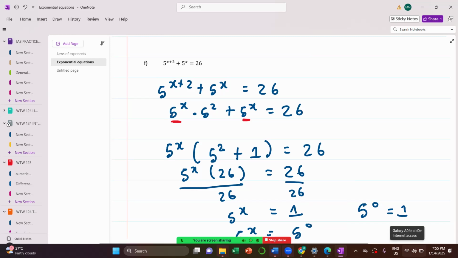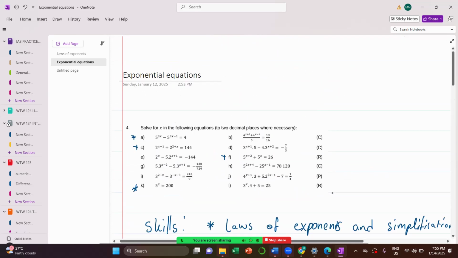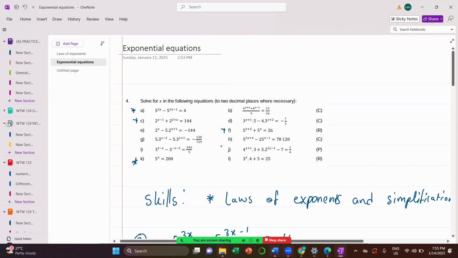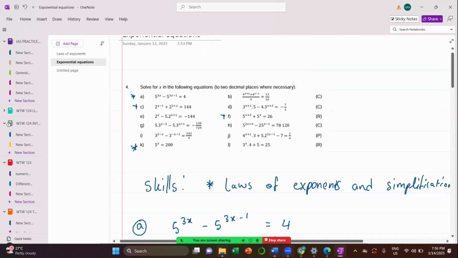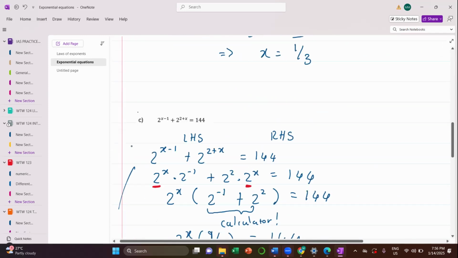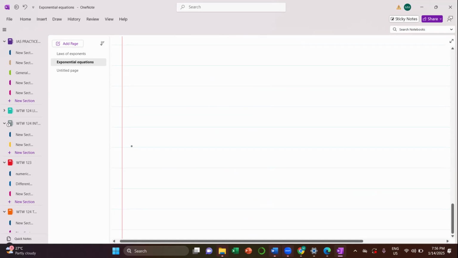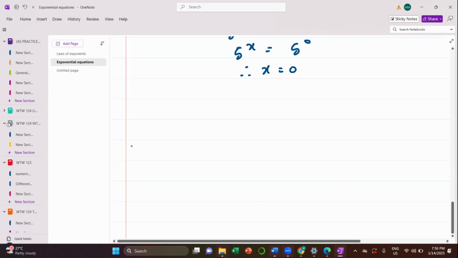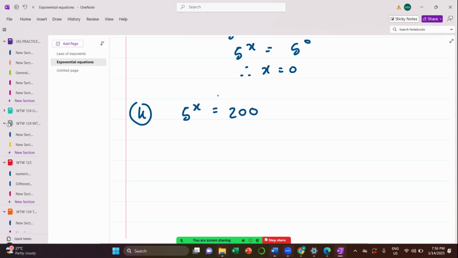I see it's 7:55. So now I can just try to do letter K. Do you guys allow me to continue with that one? Yes, sir. Letter K is just saying 5 to the exponent of x is simply equal to 200.